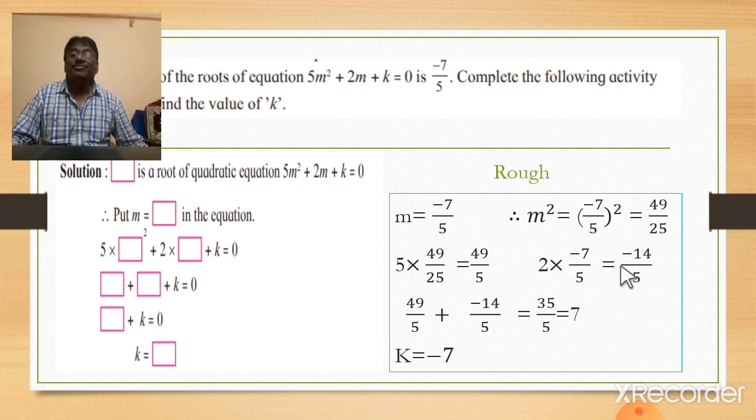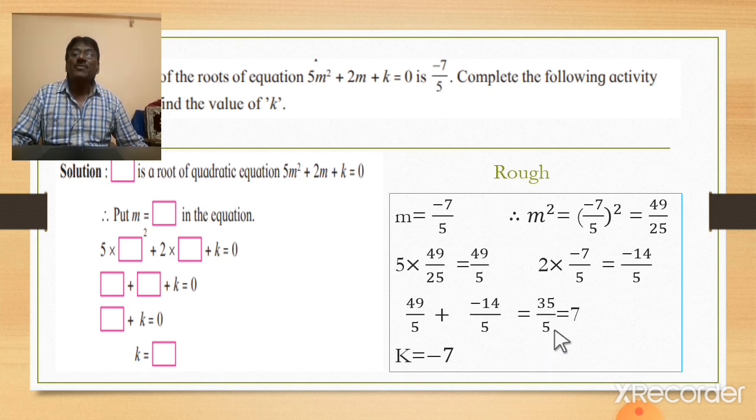Now after calculation, these two numbers, 49 upon 5 plus minus 14 upon 5, the denominator of these fractions is the same, therefore we take one denominator, and in the numerator we get 49 minus 14, then we get 35.